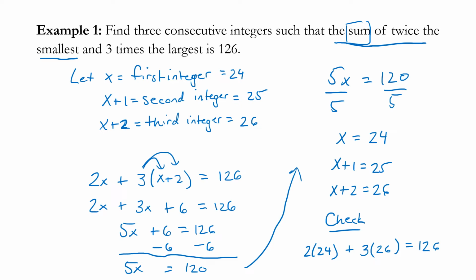So I know that 2 times 24 is 48. I know that 3 times 26, so 3 times 6 is 18, and 3 times 2 is 6, plus the 1 is 7, and so we now have 48 plus 78, which equals 126. So it checks out.